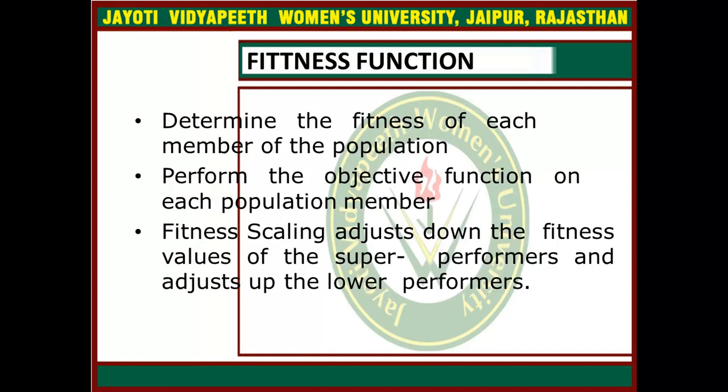Now come to the fitness function. This fitness function determines the fitness of each member of the population and performs the objective function on each population member. Fitness scaling adjusts down the fitness value of the super performers and adjusts up the lower performers.